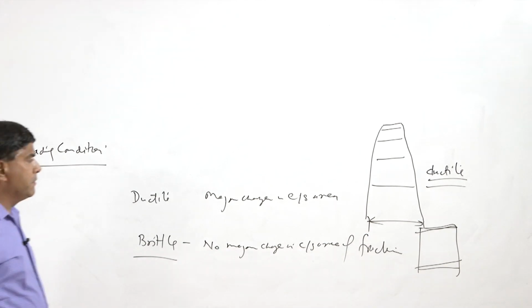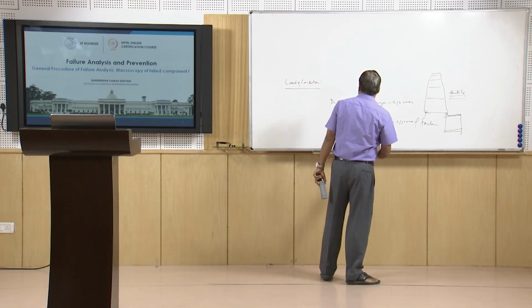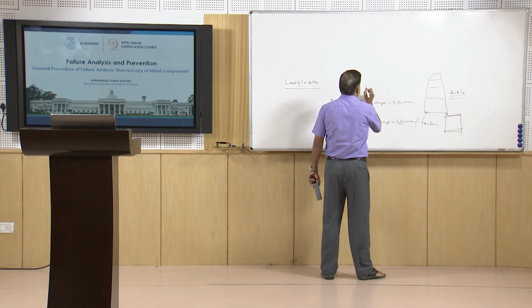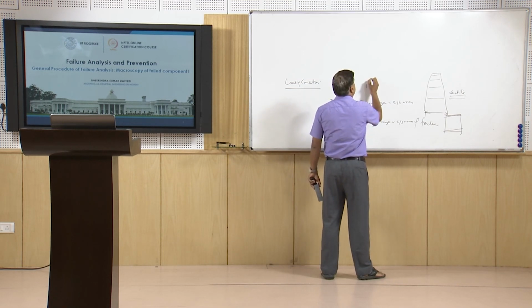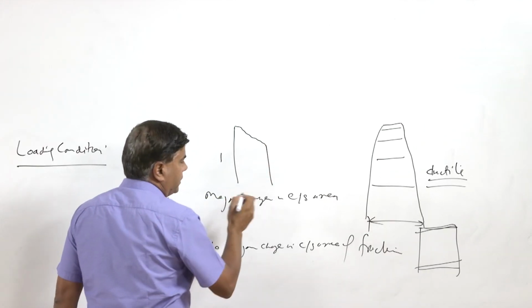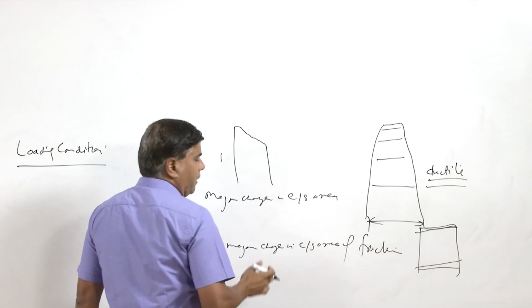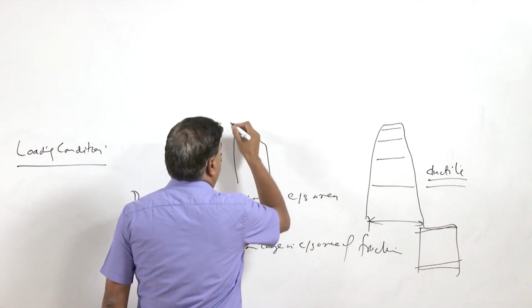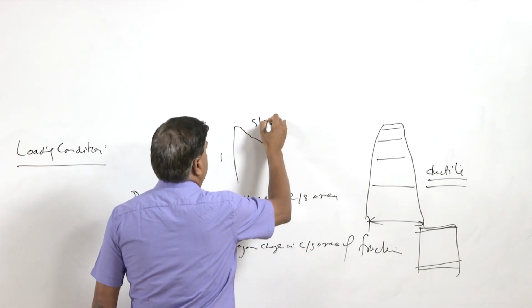And at the same time, in case of the ductile fractures, it may be with the shear lip fracture, where the fracture surface may have the shear lips, or the slant fracture surface.